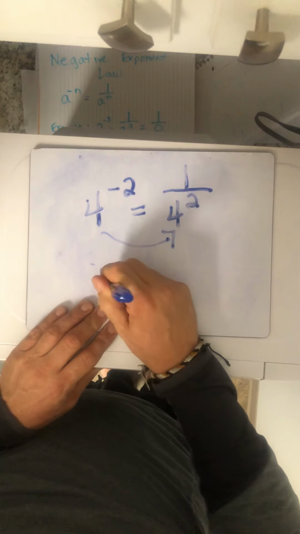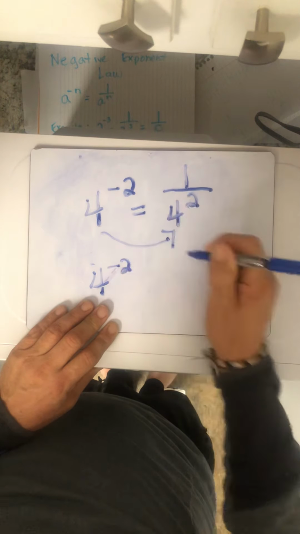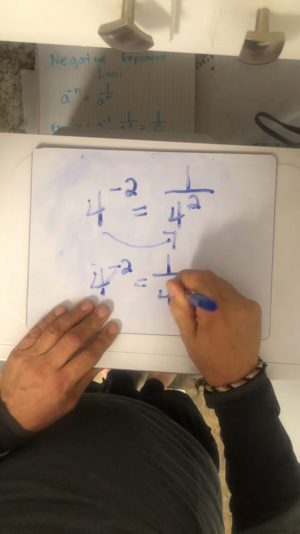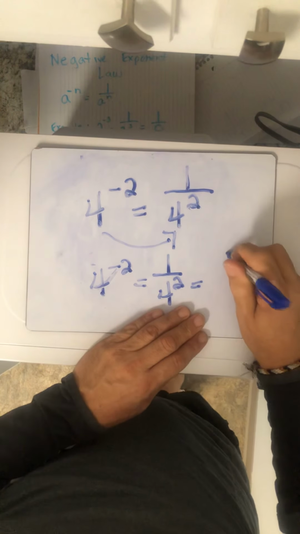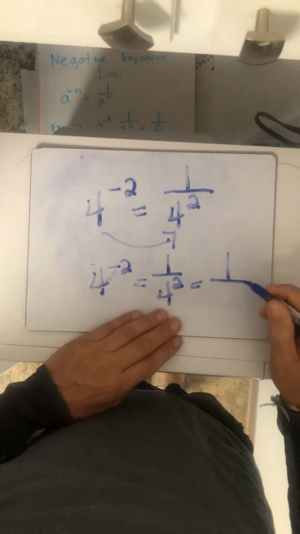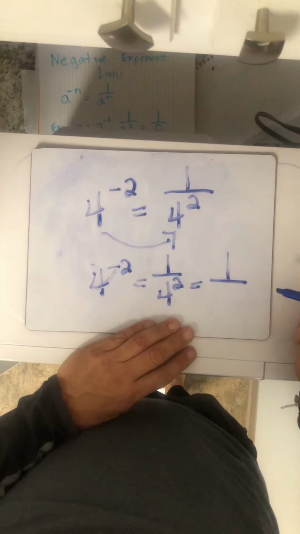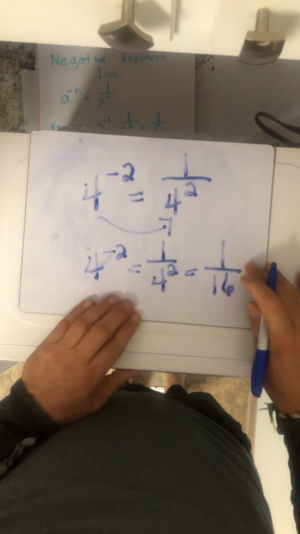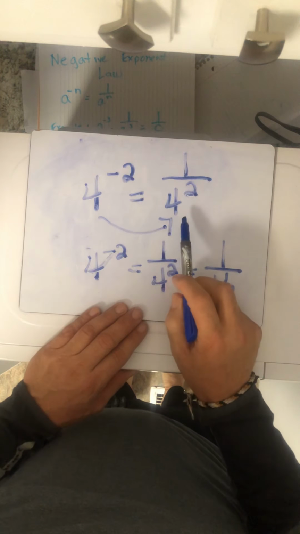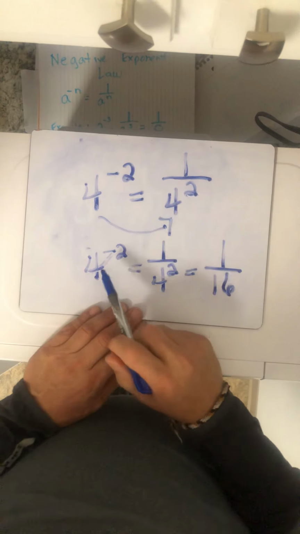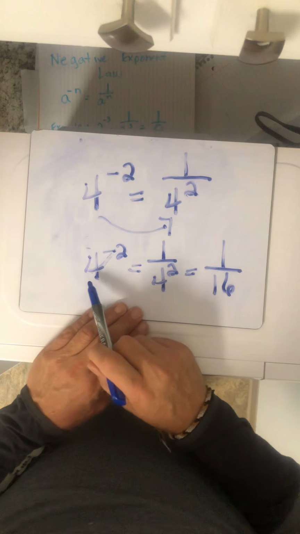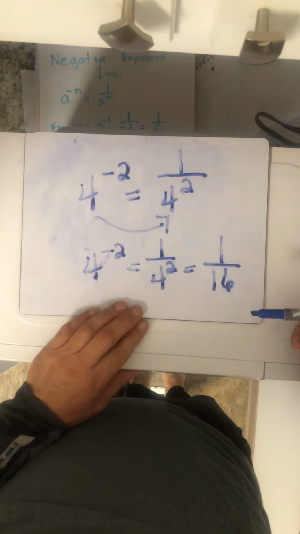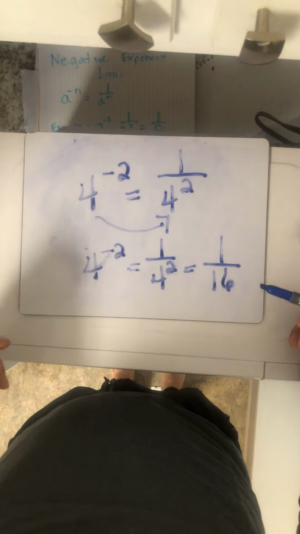Evaluating would be 4 to the negative 2 equals 1 over 4 to the positive 2. You don't have to write it all the way out. You can just say what is 4 squared, or 4 to the positive second power, and that would be 1 over 16. So this is writing it with a positive exponent, and this is evaluating it all the way out.